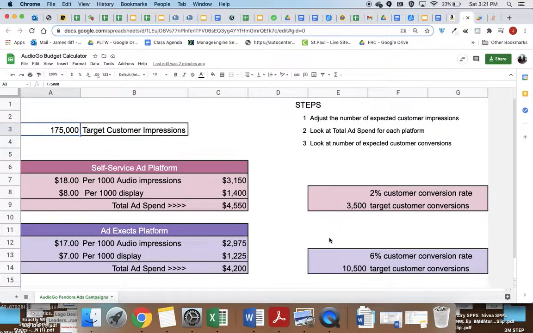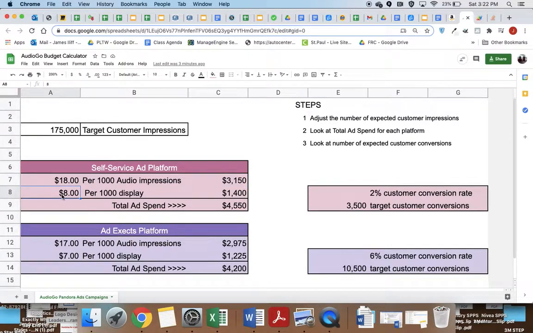Well, down here is all calculated out how much the budget will be. So for the self-service ad platform, we know that it costs $18 per 1,000 audio impressions. To reach these 175,000 customers, that's going to cost $3,150.